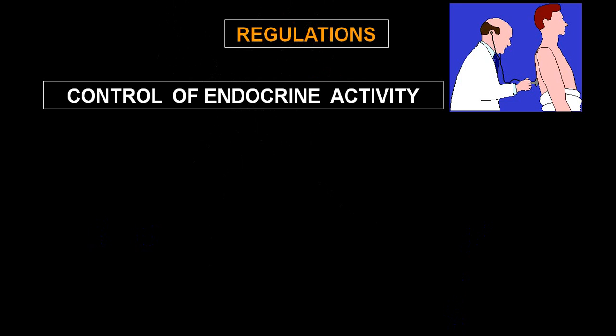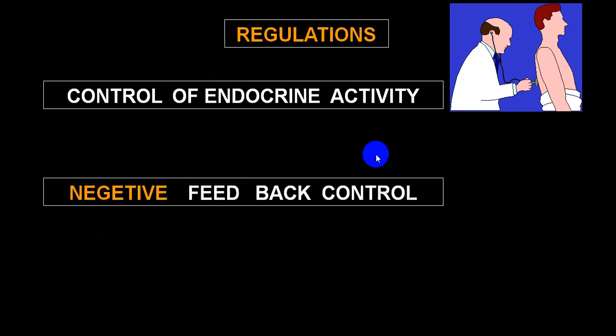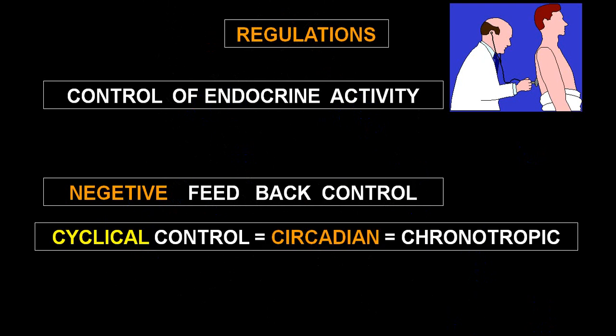Regulation we already discussed in common, that is it is controlled by hypothalamus. It has got negative feedback mechanisms, short loop, long loop. It is also controlled by cyclical control, or we call circadian cycle or chronotropic effects.